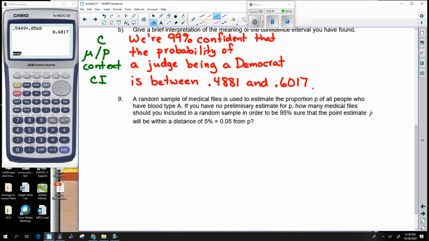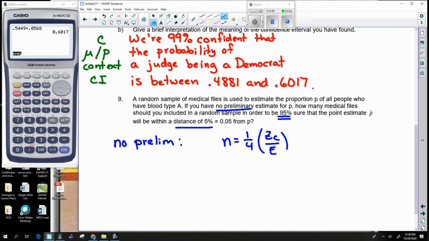All right, and then this last question is asking about the minimal sample size. So we have no preliminary estimate, a distance of 5%, and we need a confidence of 95%. So with no preliminary estimate, the minimal sample size is going to be 1/4 times ZC divided by E, squared. All right, so let's see here.